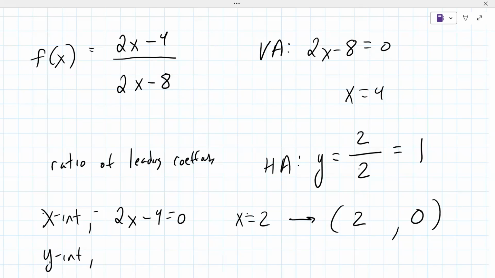For the y-intercept, it says you need to put the bottom to 0. Oh, that's not what we did. Let me check my notes.